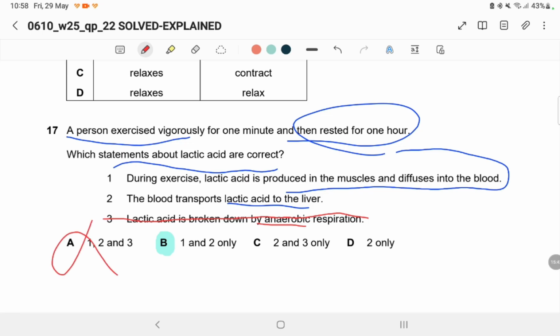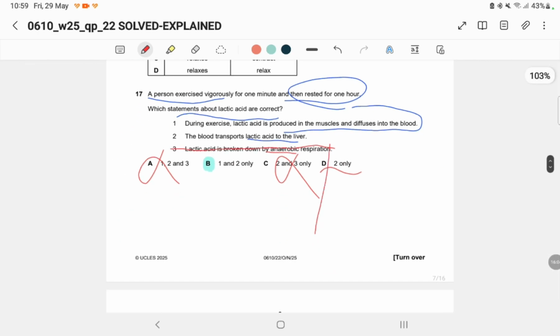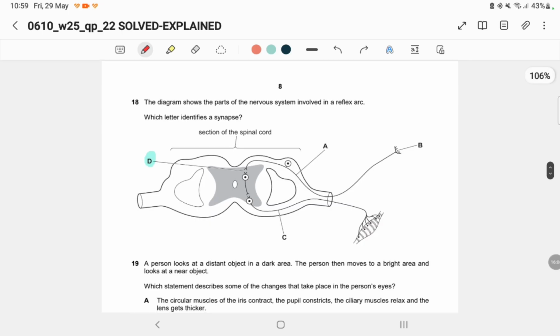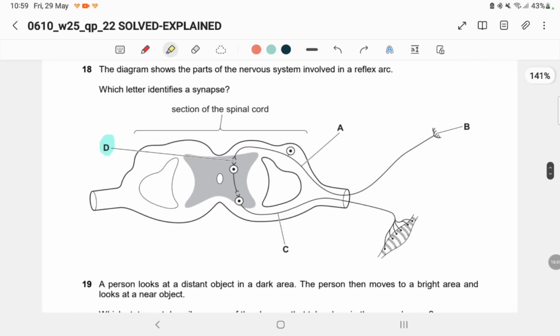Letter A will be wrong, C will be wrong, and D is not correct because it only includes 2, while 1 is already right. After lactic acid is produced in the muscles, it is delivered into your blood to flow to the liver to be broken down by aerobic respiration using oxygen. So let us move to the next question, question number 18.